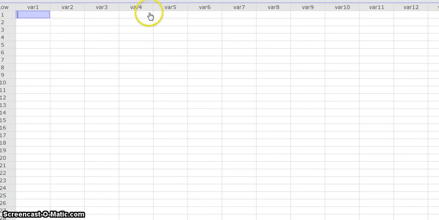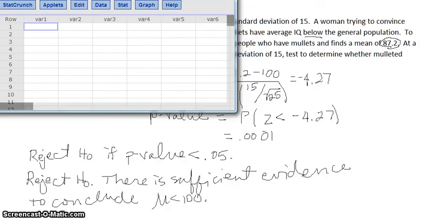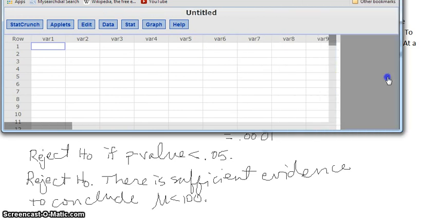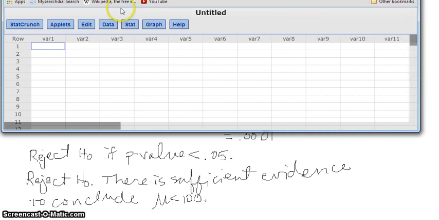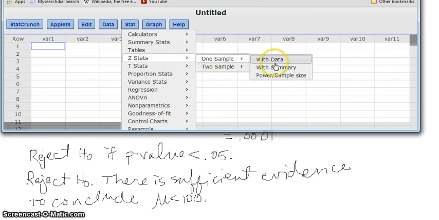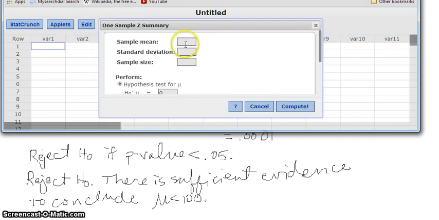All right, so in StatCrunch, we're going to go to z-test, just like we did with the confidence intervals. One sample with summary.